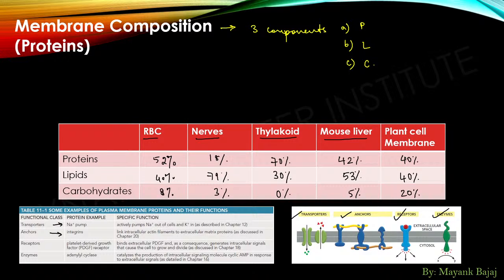Then we have anchor proteins which are also present in the membrane, which provide stability as well as help in anchoring other cellular substances, right? Then we have receptors which are involved in cell signaling. We have platelet derived growth factor receptor, G protein coupled receptor, cytokine receptors, and a number of others on the membrane, right?